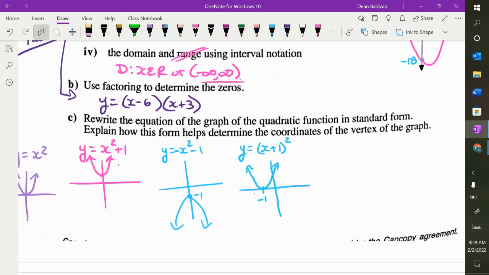All right, last one before I give you some practice. Can you sketch that graph?